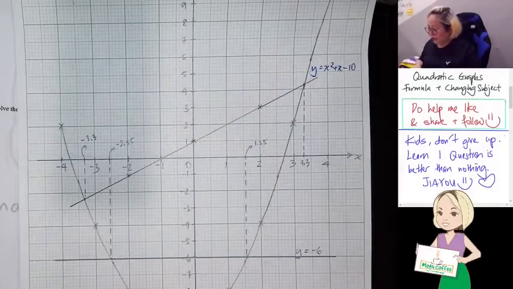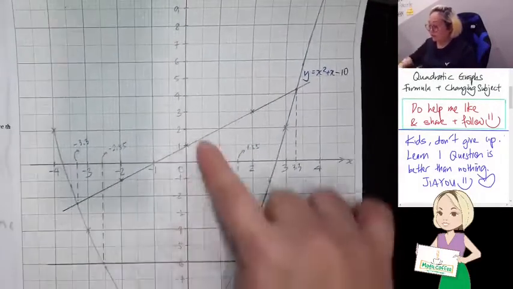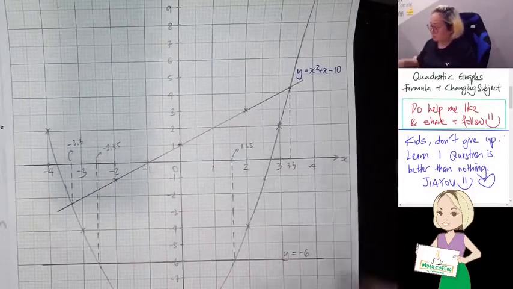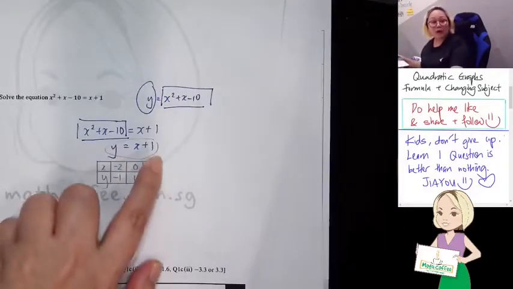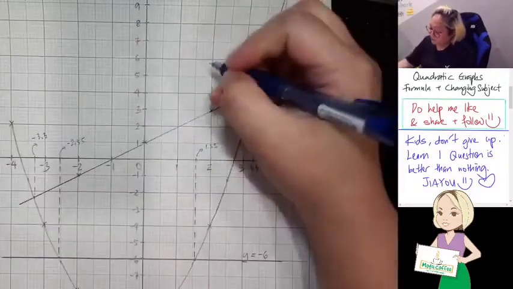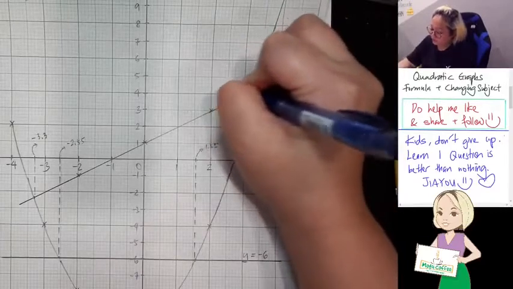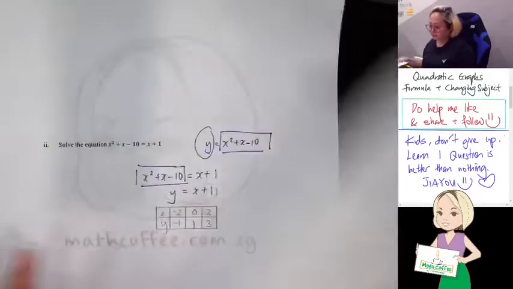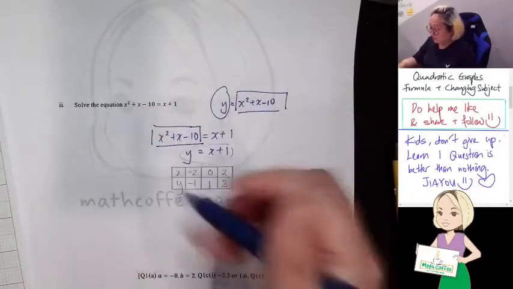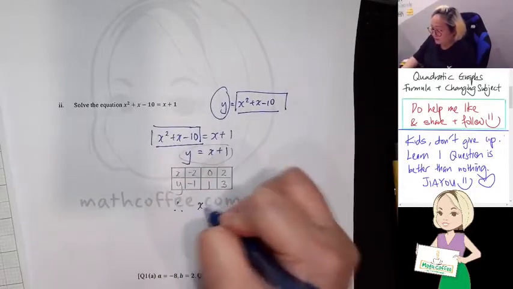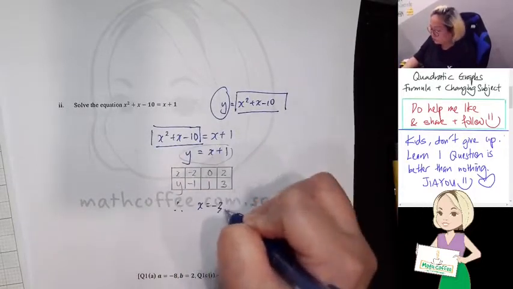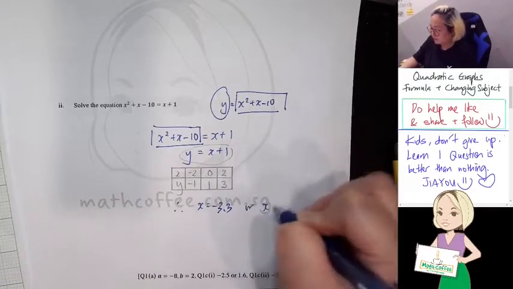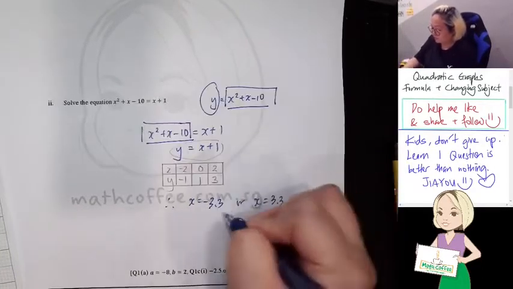With that, of course, don't forget to label your straight line. Remember just now our line was y equals x plus 1. So now you have to label this as y equals x plus 1. Come back to here. Then you will say, solve this, right? Therefore, my x is equal to negative 3.3 or x is equal to 3.3.